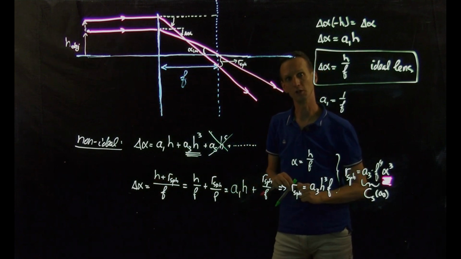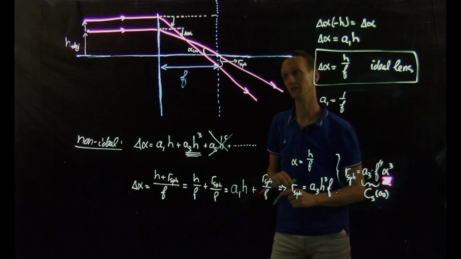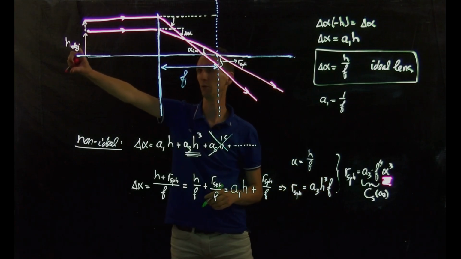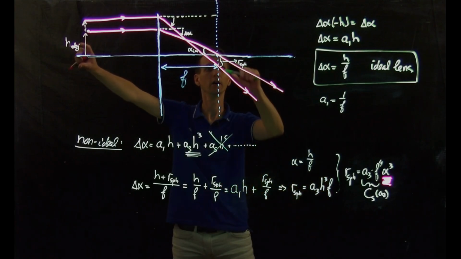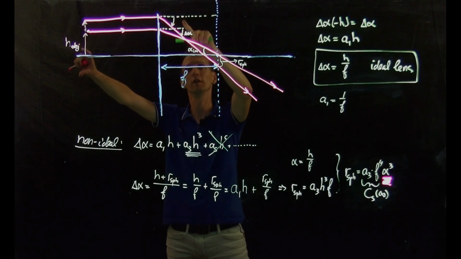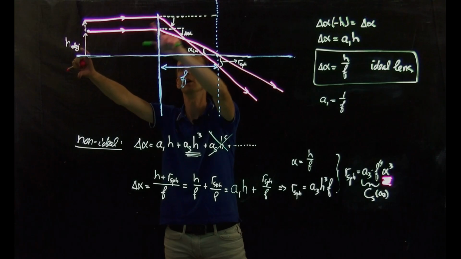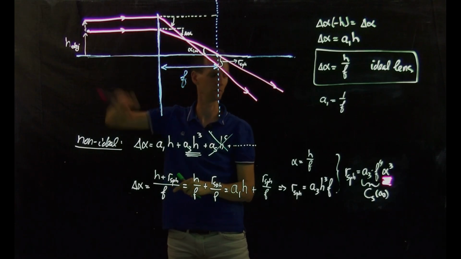Now in a practical situation, we of course not always have an infinity system. We may have a system with a finite magnification, an object on the object side of the plane and an image on the image side of the plane. In this case, the angular deflection and the deviation from the angular deflection will be larger because it also includes an angle on the object side of the plane.